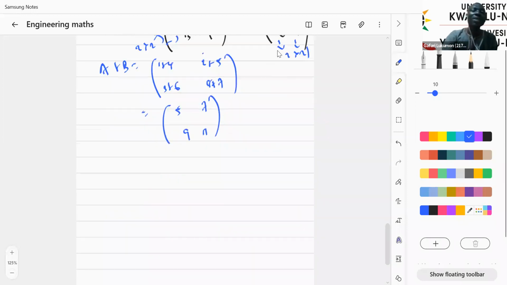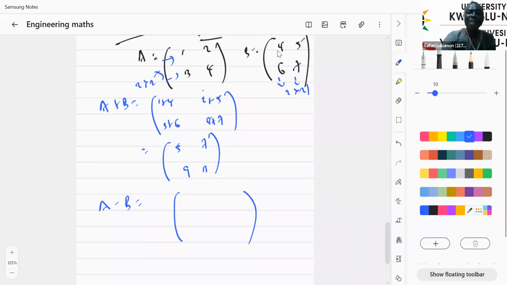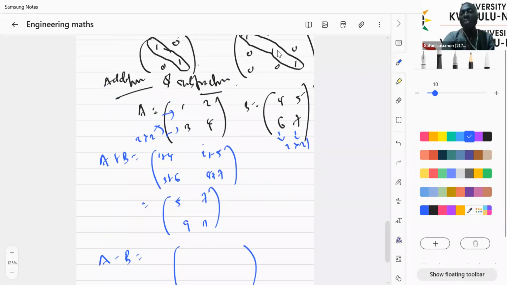So that is addition. Likewise for subtraction, it follows the same approach. What you have to do differently is that instead of adding, you just subtract. So it means my A minus B. Before you can subtract two matrices together, don't forget, you must have the same order. And good enough, A and B have the same order, 2.